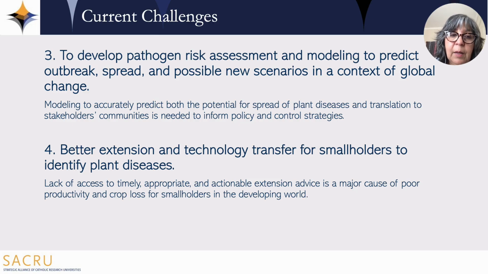And finally, I think we need to do better extension and technology transfer, especially for smallholders. We need to have more tools to identify these new plant diseases, because if we take time to identify these new pathogens, these new diseases, the impact in agriculture and the availability of food is going to be bigger.